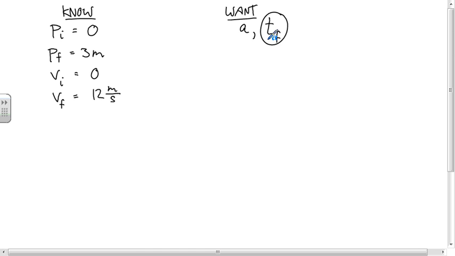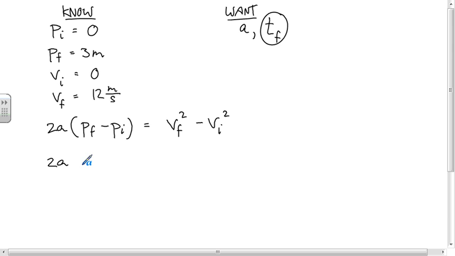Okay, so equation 6 will solve this. That's the one that says 2a times the quantity position final minus position initial is equal to vf squared minus v initial squared.